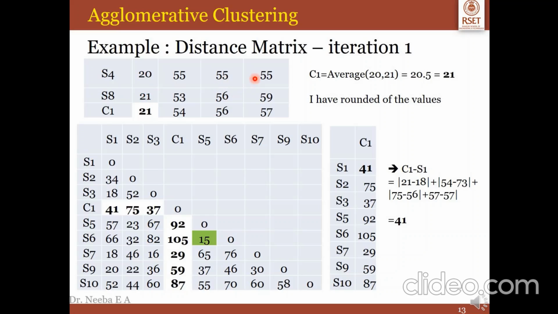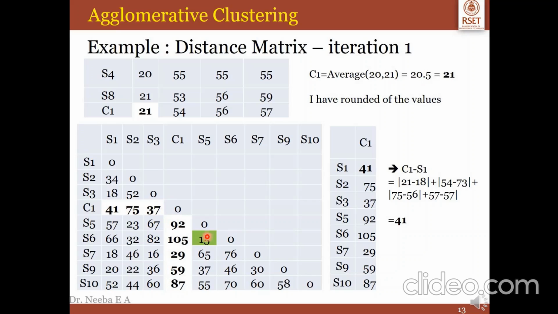Now, considering S4 and S8 as the new cluster, S4 and S8 have been removed from the table and cluster 1 has been added there. We calculate the distance from each object to cluster 1, and that has been replaced in the table. Again we have to see which is the smallest value.